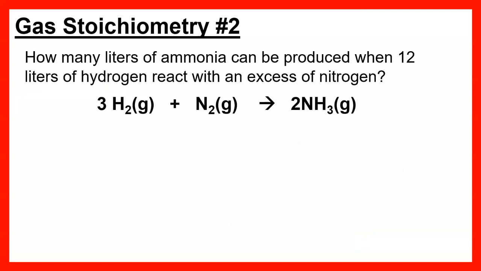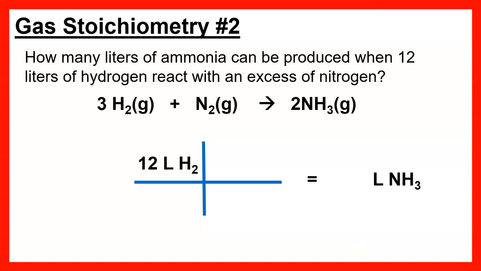So, how many liters of ammonia can be produced when 12 liters of hydrogen react with an excess of nitrogen? I'm going to start with my known value. And just like I would use a mole ratio, I am going to use liters. I'm trying to cancel the hydrogen so it goes on the bottom.